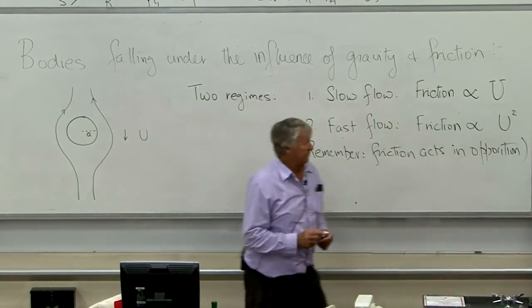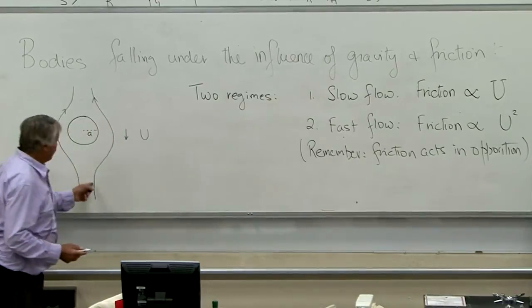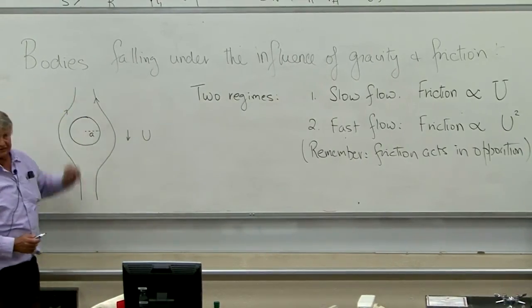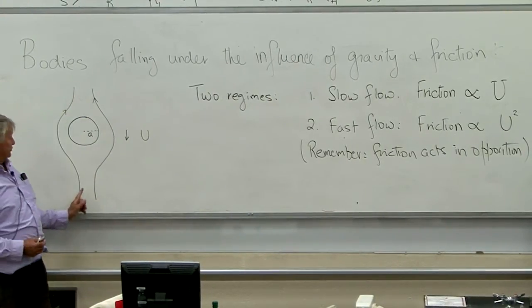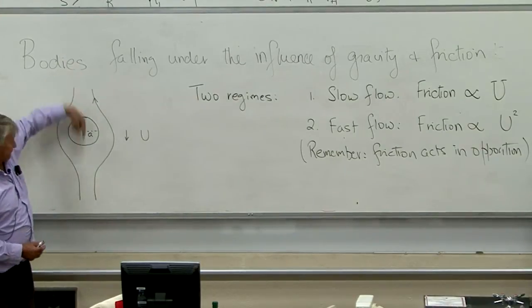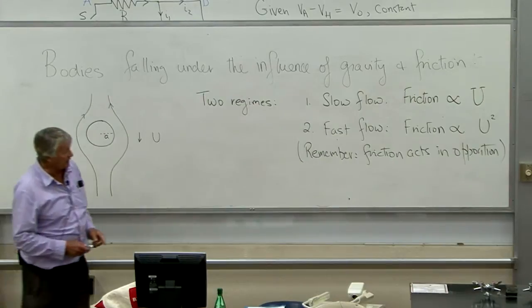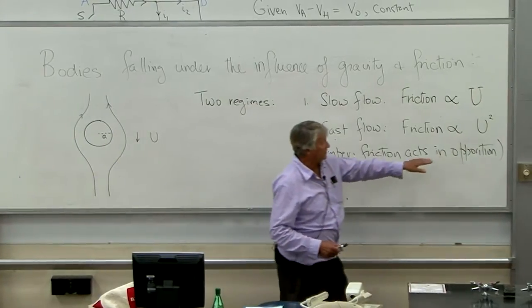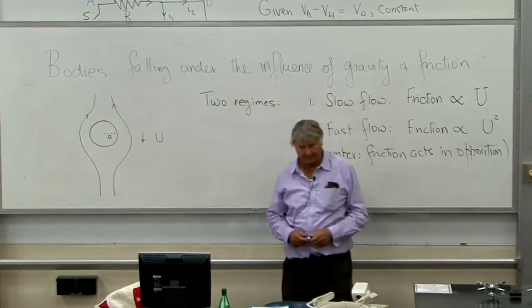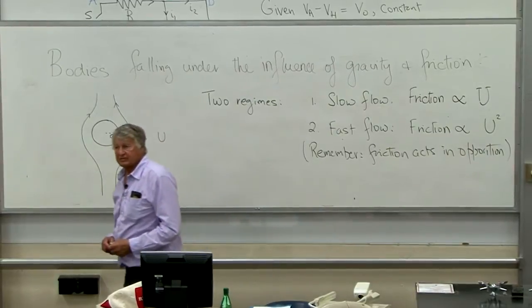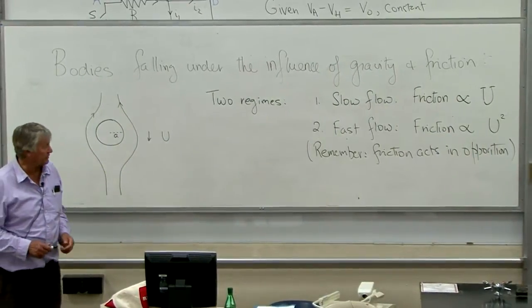So as this is falling down, the friction force is up. If I was throwing this up in the air, the friction force would be down. So we have to be a little bit careful in attaching signs to these things. But we'll see in a moment what the relevant signs are.